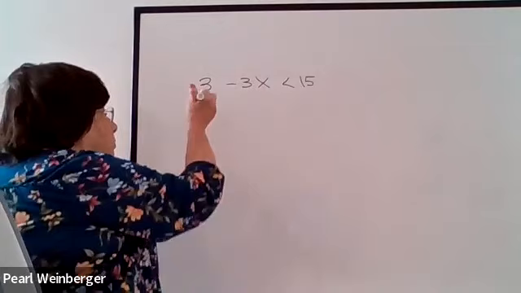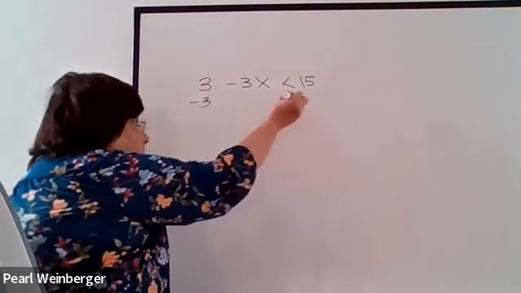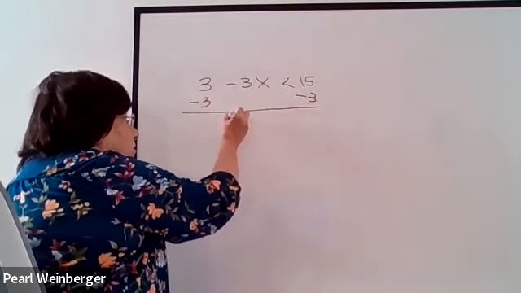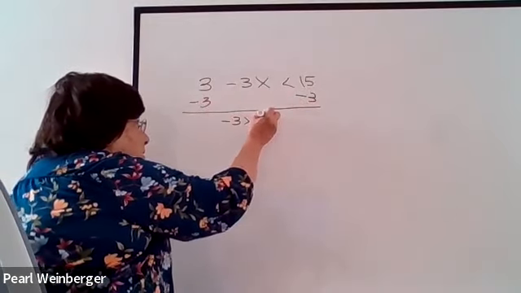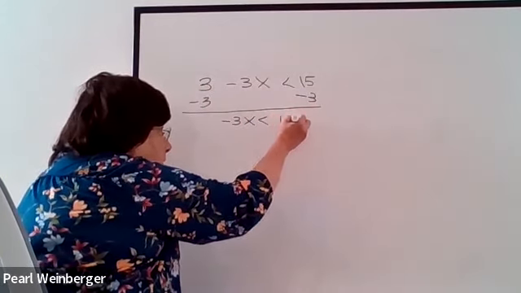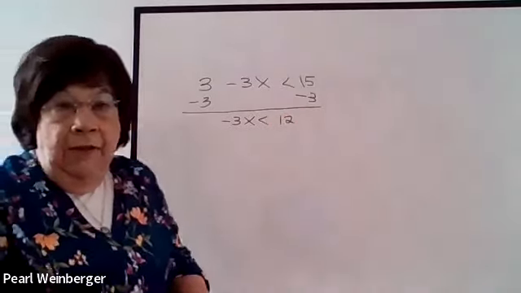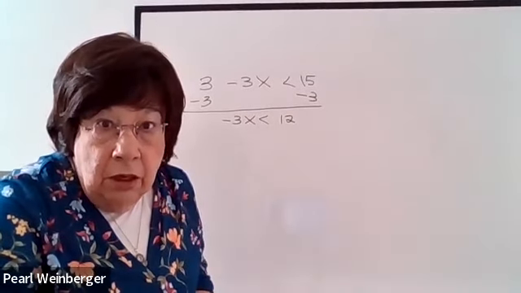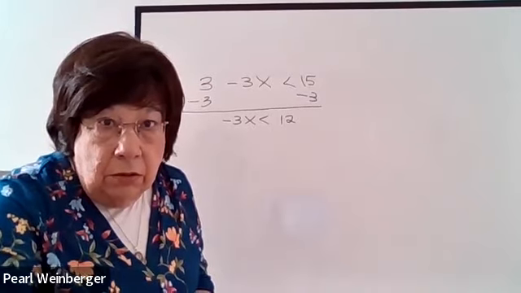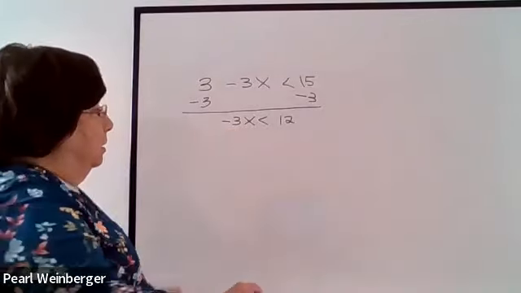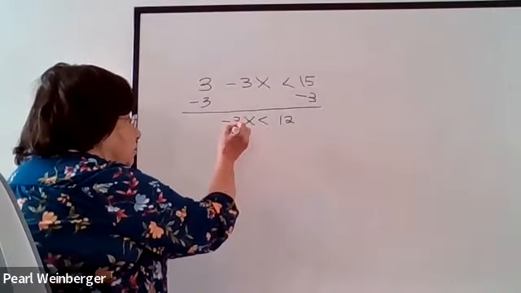So here we're going to subtract 3 from both sides, which will give us negative 3x less than 50 minus 3 is 12. And then what we're going to do is divide everything by negative 3 because we want to isolate the x.